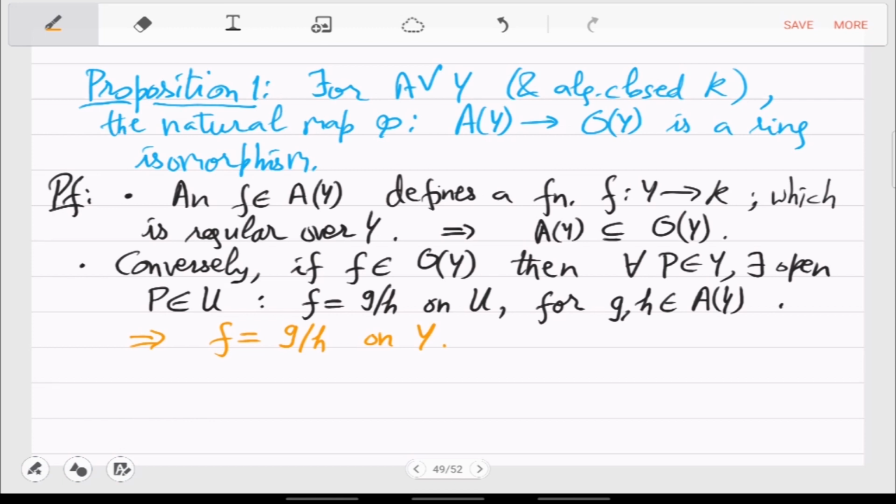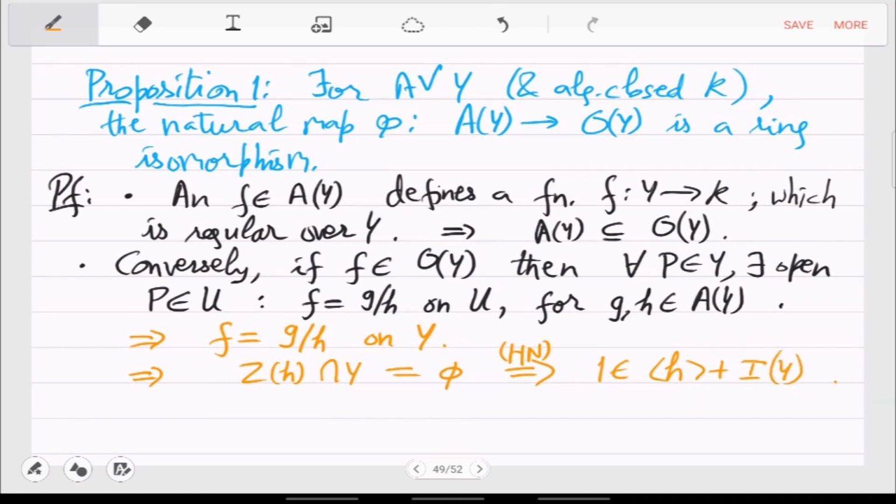which means what? There cannot be any 0 of h in Y, so this is empty. But if h has no 0, then by Hilbert's Nullstellensatz, 1 has to be in the ideal h plus IY.